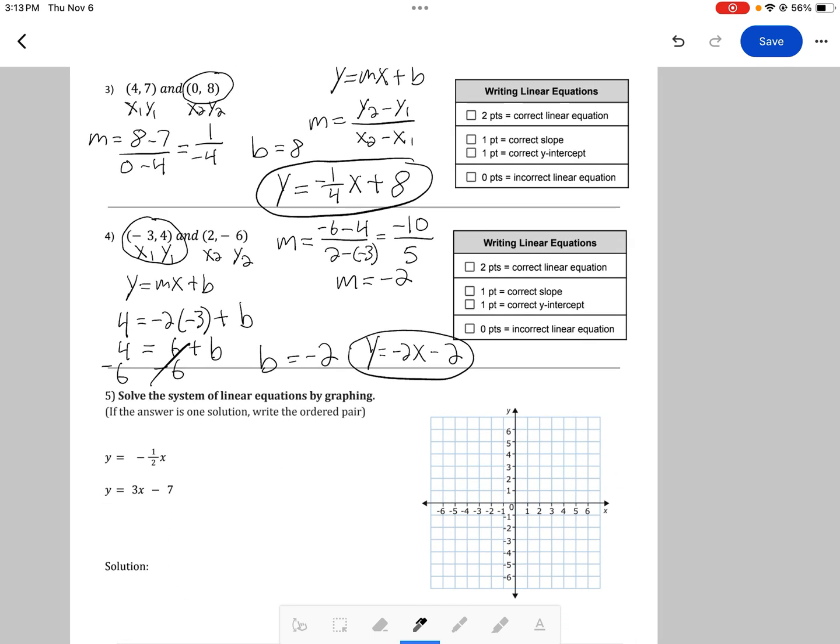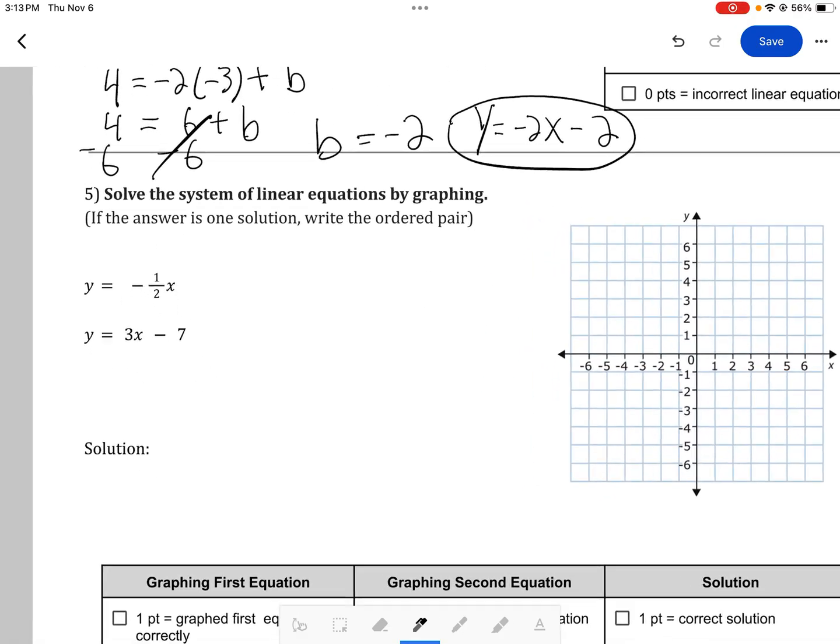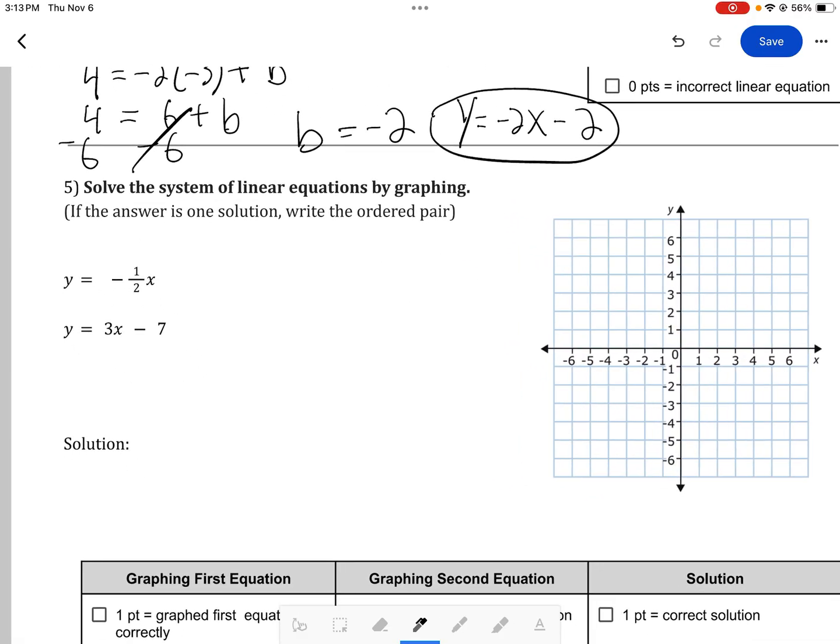All right, in our spiral review question, it says solve the system of linear equations by graphing. All right, so the first graph is y equals negative 1/2 x. So my m, or my rise over run, for my first equation is going to be negative 1 over positive 2, and my b is 0.